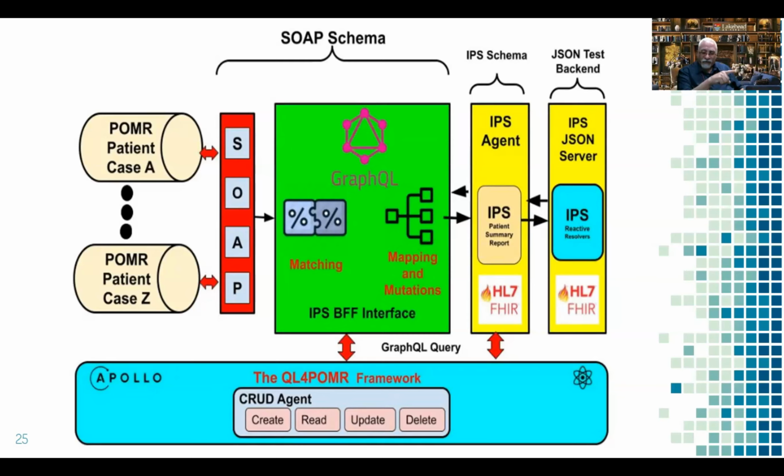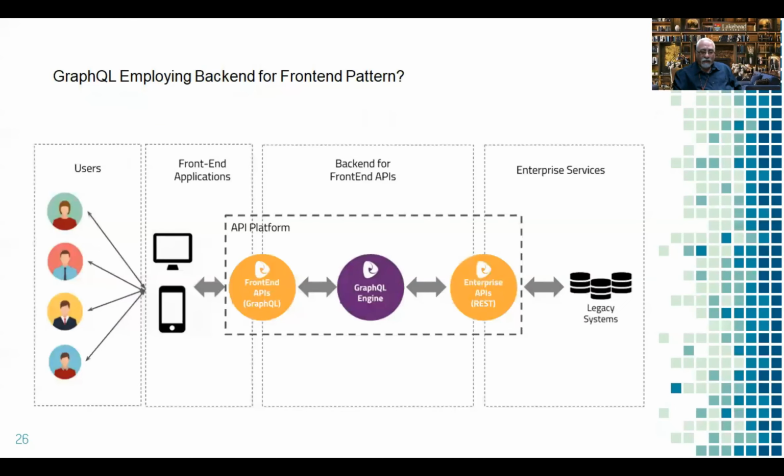Whenever you change the record, the summary will be directly changed also. So we built a CRUD, that means create, read, update, delete, front end for our platform. And it can connect to FHIR. It can enable physicians to describe their patient cases, even a new one, based on SOAP, and save it as a FHIR record, as well as generate the IPS out of it.